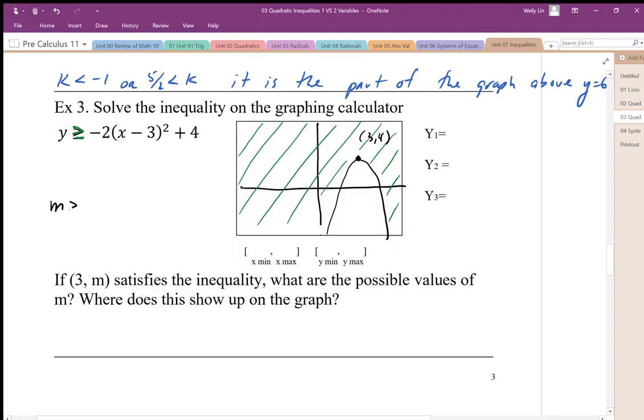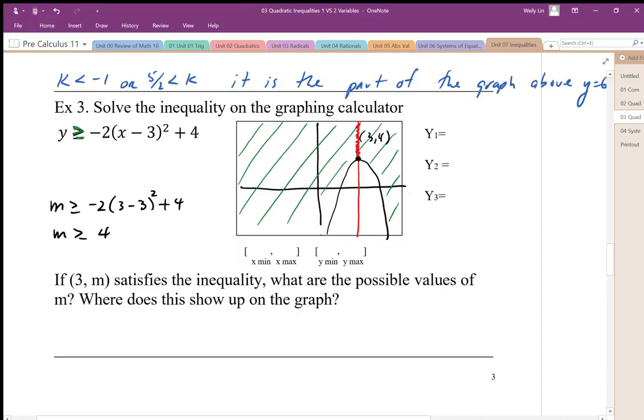So m is greater than or equal to negative 2 times 3 minus 3 squared plus 4. Basically I'm looking for where m is greater than 4. Essentially, I'm just looking at this one-dimensionally along the vertical line. So where is the value m going to be bigger than, above this line?